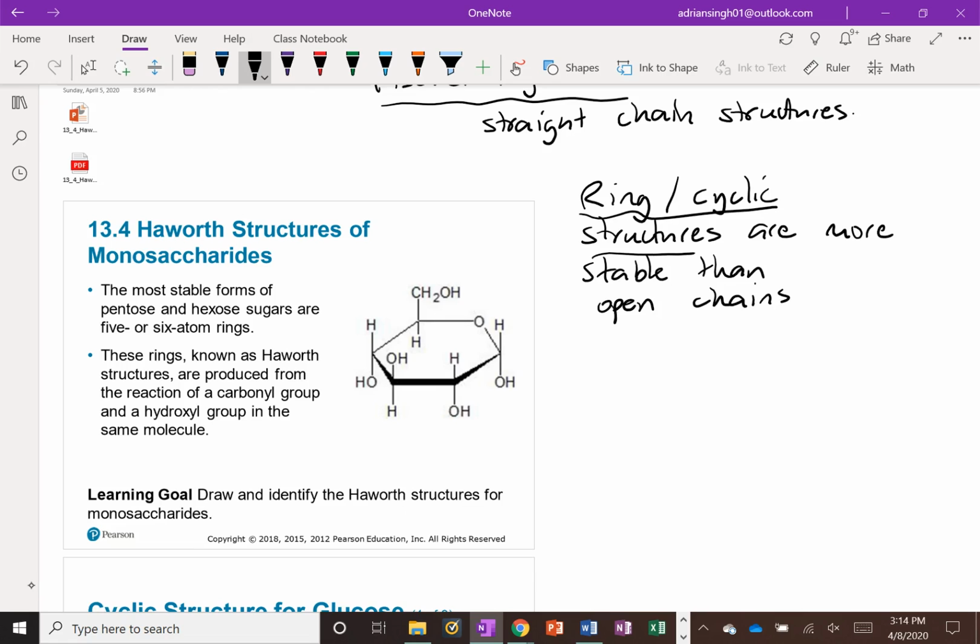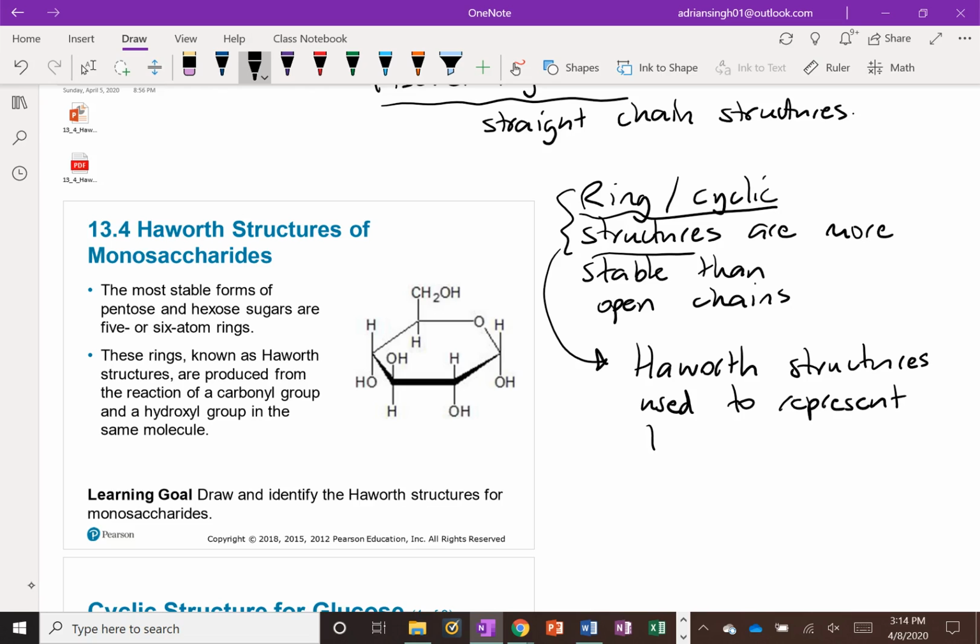And the way that we represent these ring or cyclic structures is by drawing what are known as Haworth structures. So these are used to represent the cyclic forms of sugars.